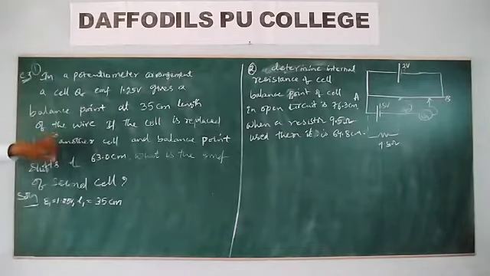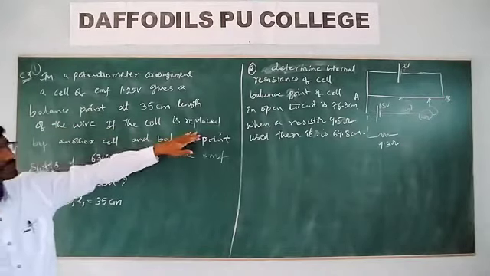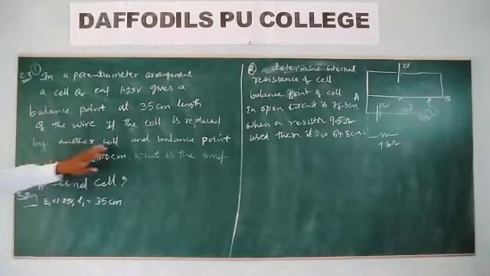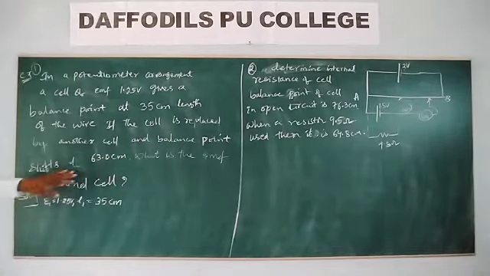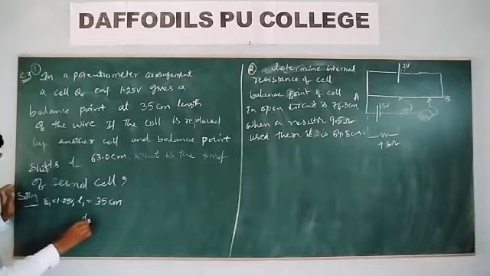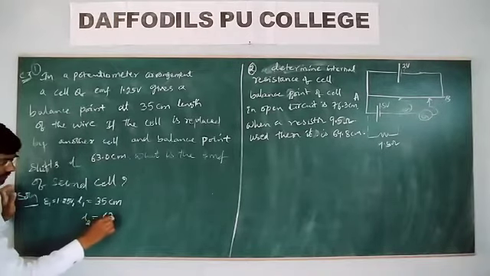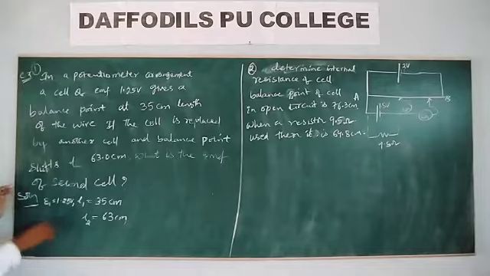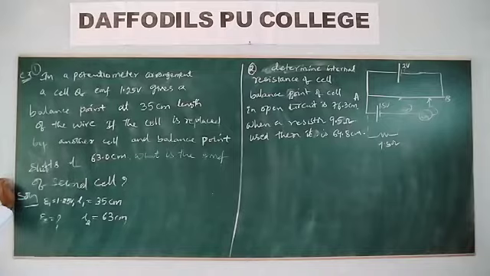Now, if the cell is replaced by another cell and the balancing point shifts to 63 centimeter, so L2 is equal to 63 centimeter. Now E2 is equal to what? We need to calculate the EMF of the second cell.